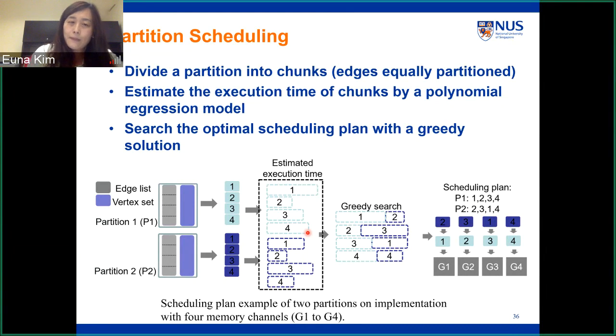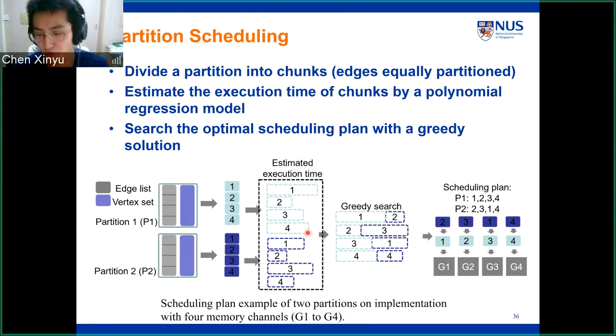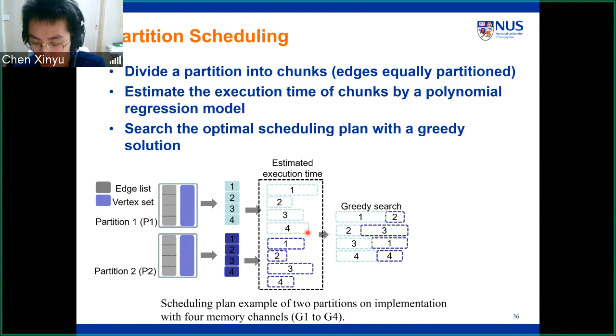This is a very good question. Actually, graphs are very hard to balance to fully utilize your whole hardware. So with our partitioning, basically we want to achieve lightweight. We want to do things at runtime as much as possible. For balancing, because we process partition by partition, we need to balance the sub-partitions of one partition.